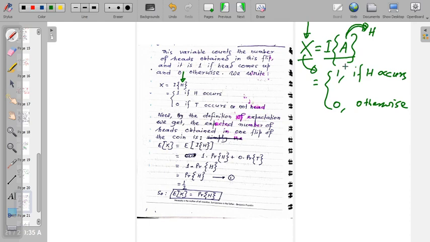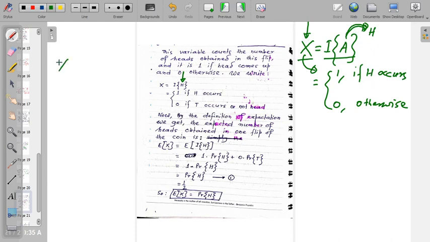In probability theory, this is also called Bernoulli trials, and the indicator random variable is a little bit more general, but all that detailing is not necessary right now.